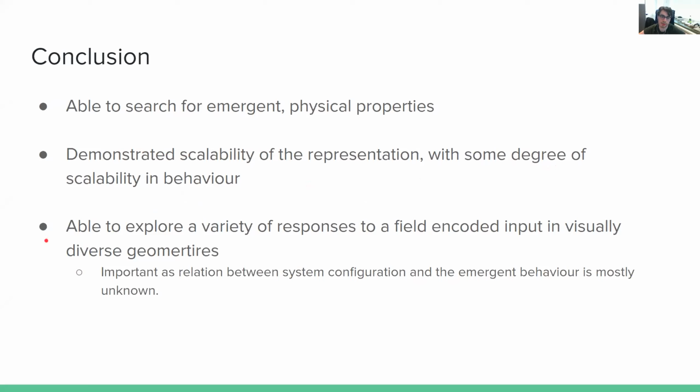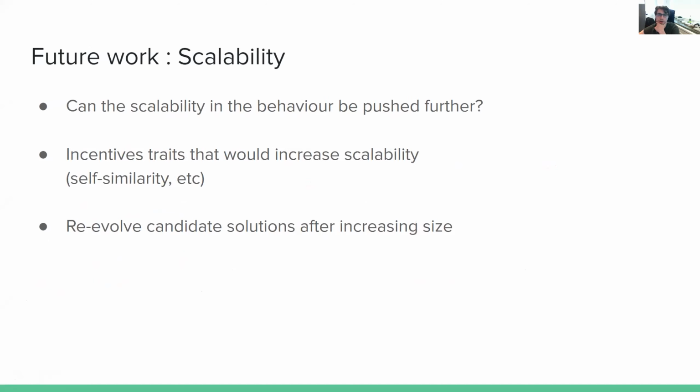We were also able to explore a variety of responses to encoded inputs, and we saw a nice diversity of geometries. I don't think that's how geometries is spelled. Which is important for artificial spin ice because we're not really sure what the behavior will be until after we've seen it. So for future work, pushing this scalability further, there are a few ideas we have here.